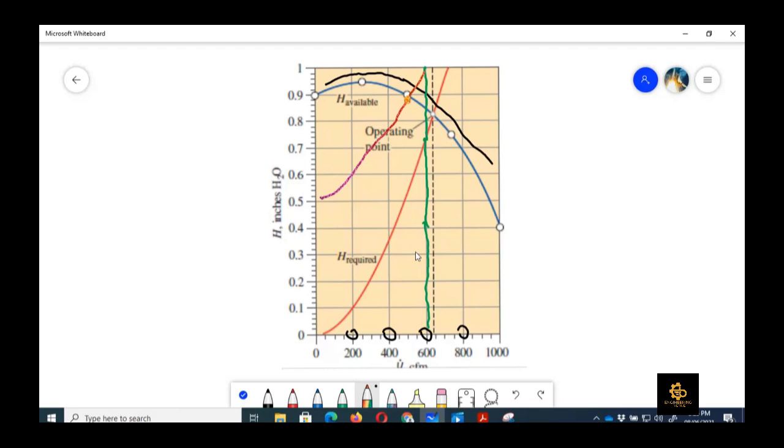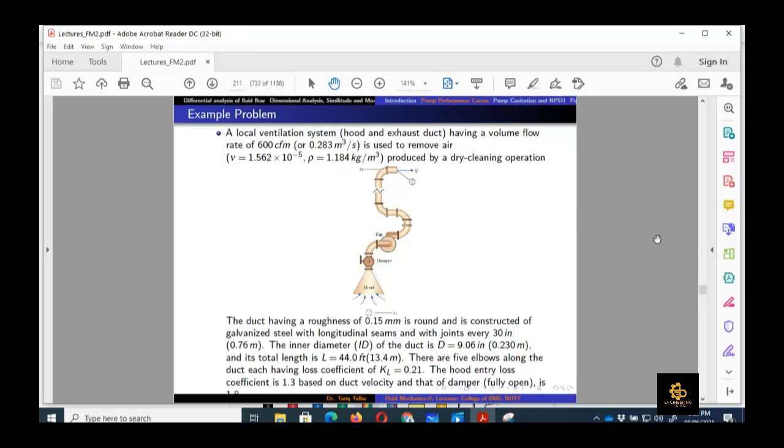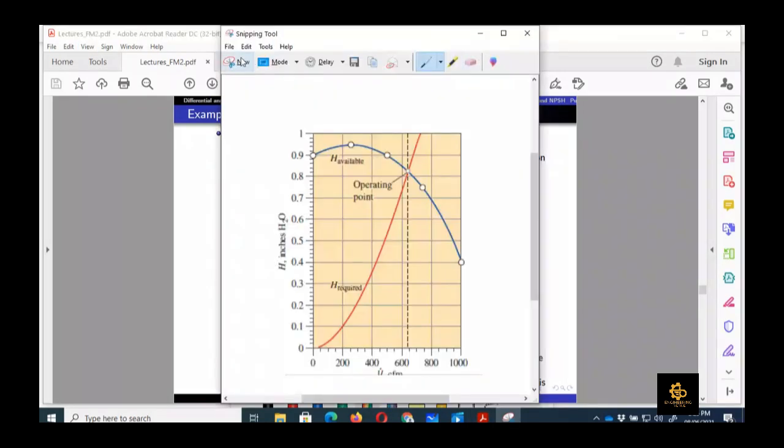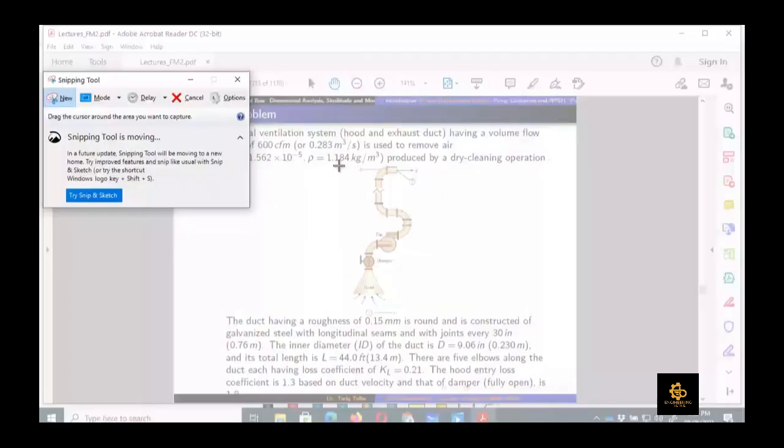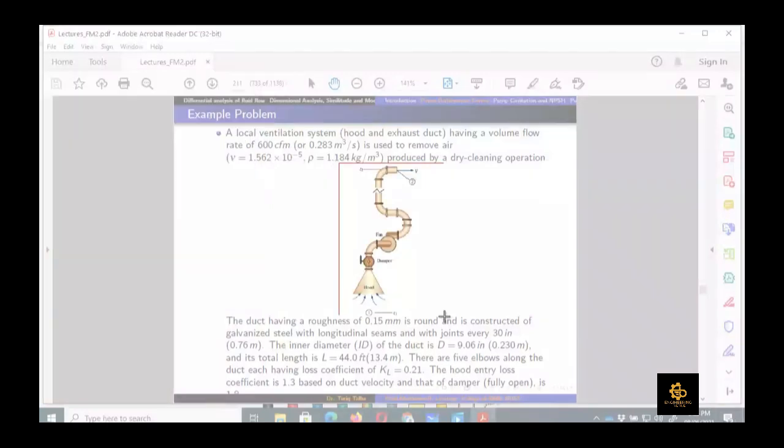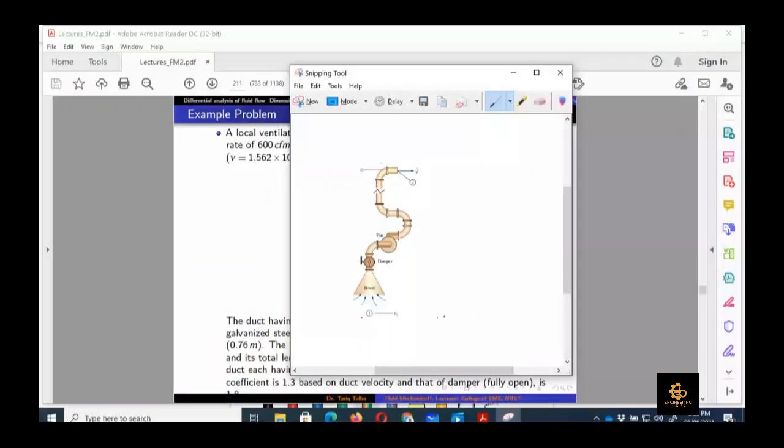Now, the question is how to do the calculation for this H required. For that, let me copy this figure. By the way, this is example 14-1 from Singer's book.